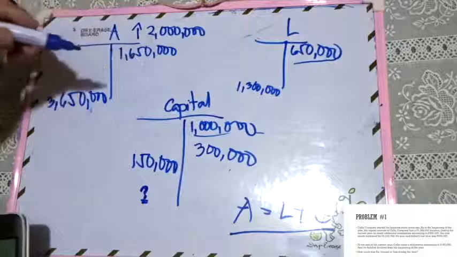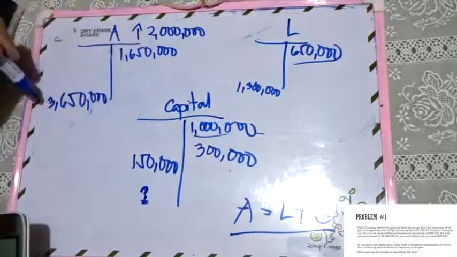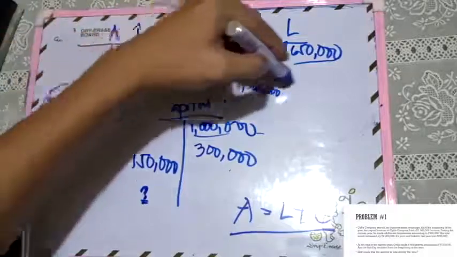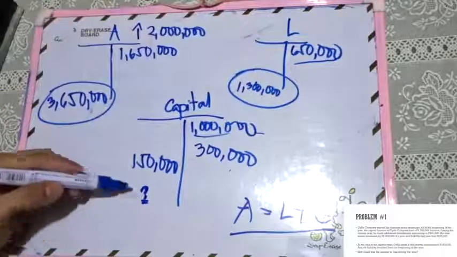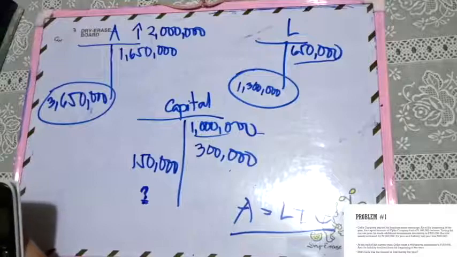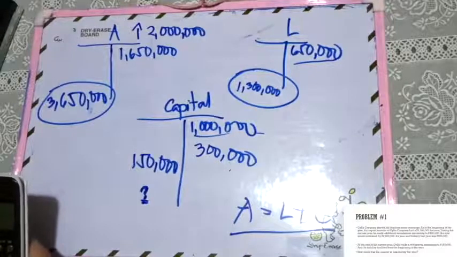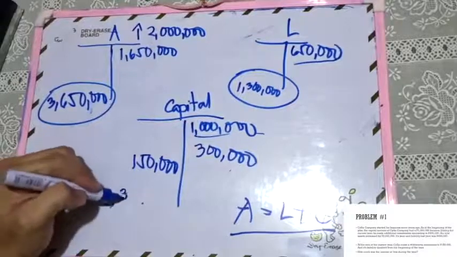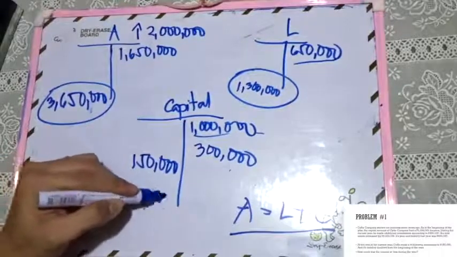So 1,650,000 plus 2 million, you have 3,650,000. From there, we can now determine the ending balance of capital. 3,650,000 minus 1.3 million would be 2,350,000.